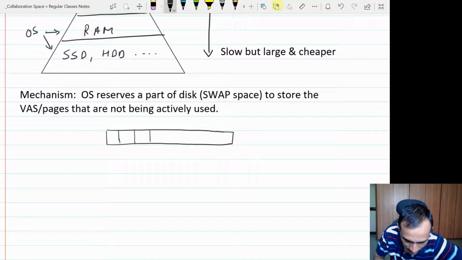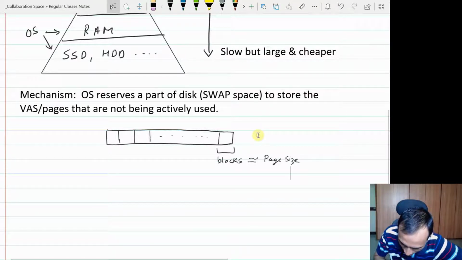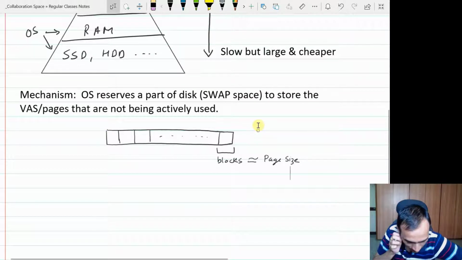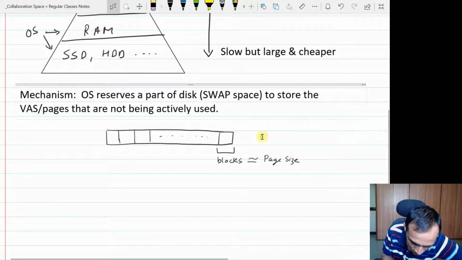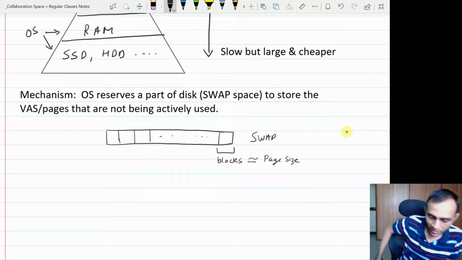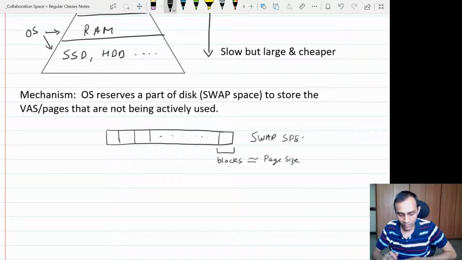Similarly, our disks are also divided into fixed size units, and generally they are equal to the page size, which in most systems is 4 kilobytes. So the block size and page size generally match, which means we can fit one page into one block, and these can be referenced very easily using an array of addresses.